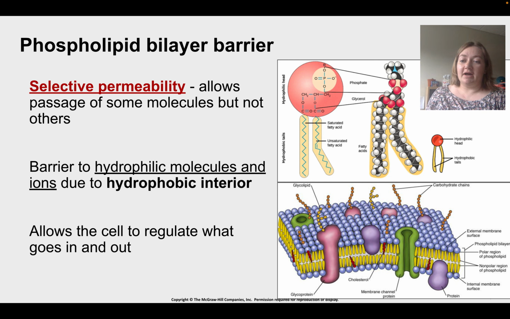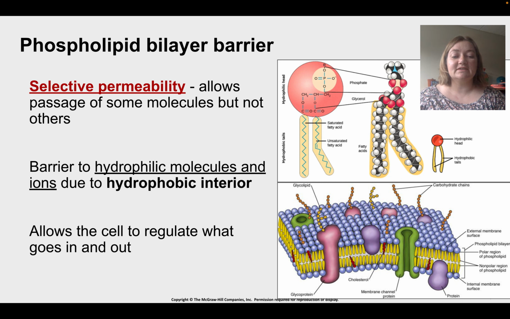So the phospholipid bilayer is selectively permeable, which means it's going to allow the passage of some molecules but not others, right? So some molecules can easily diffuse through this phospholipid bilayer, but a molecule that might be hydrophilic, so maybe it's an ion or it has a polarity to it, that's going to be a barrier.